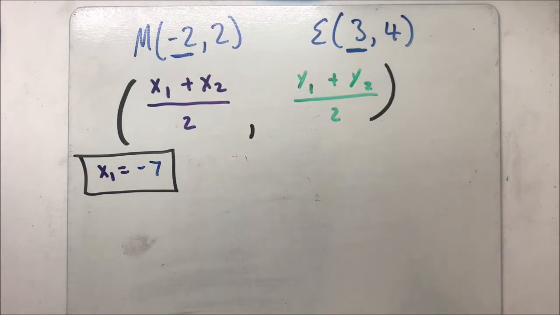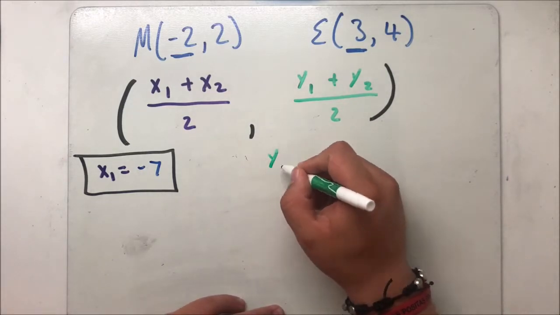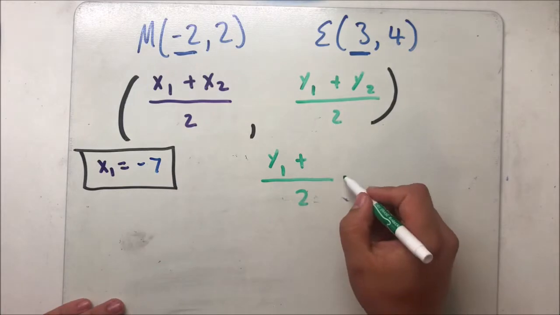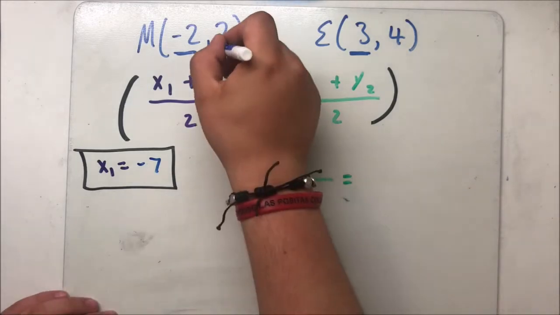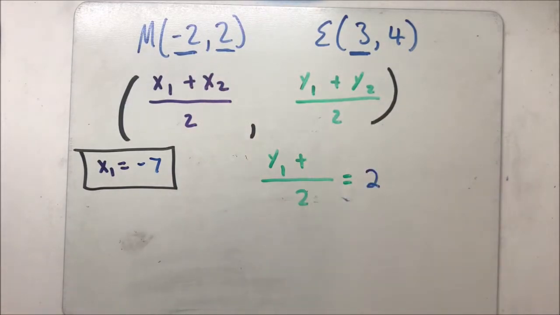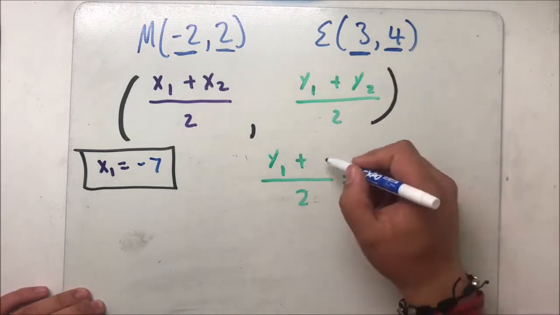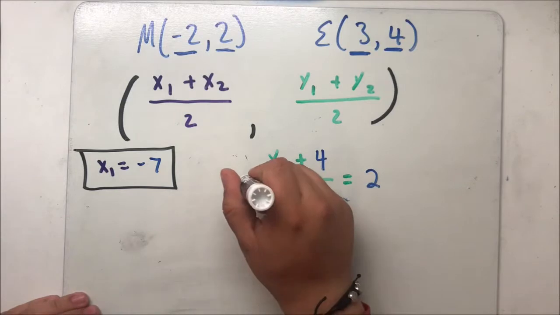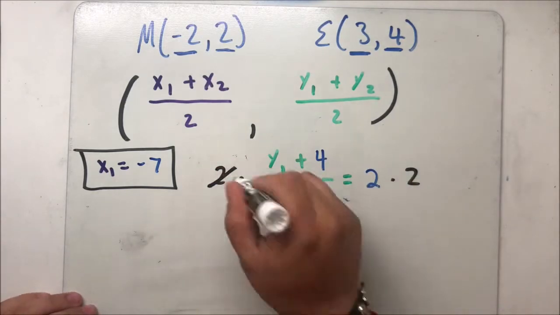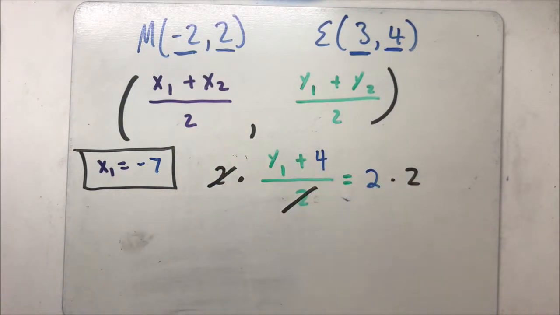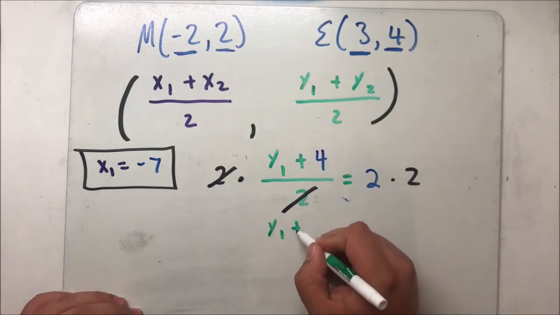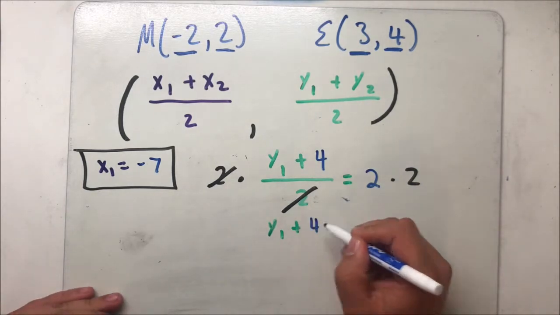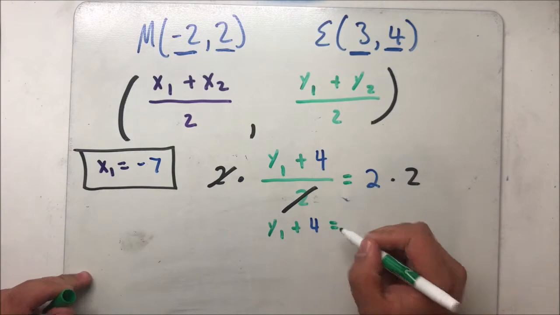Now that we found x1, we still have to find y1. So we use the formula y1 plus y2 over 2, except again we have the midpoint, so we know that it's going to be 2 and that y2 is 4. So you multiply 2 on both sides to get rid of the fraction, and you're left with y1 plus 4 equals 4.